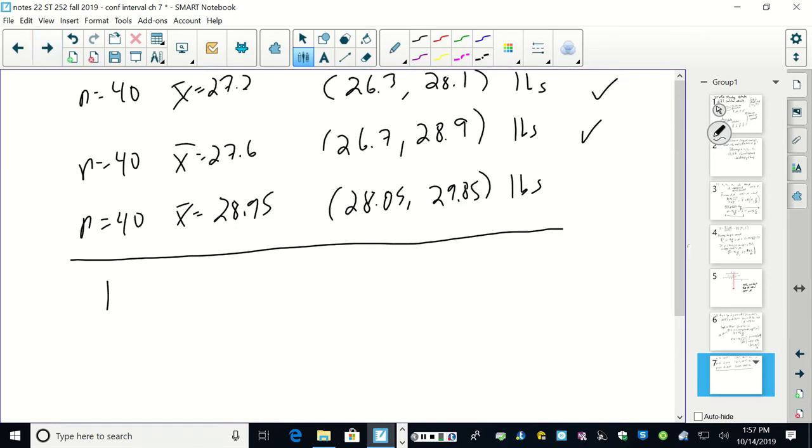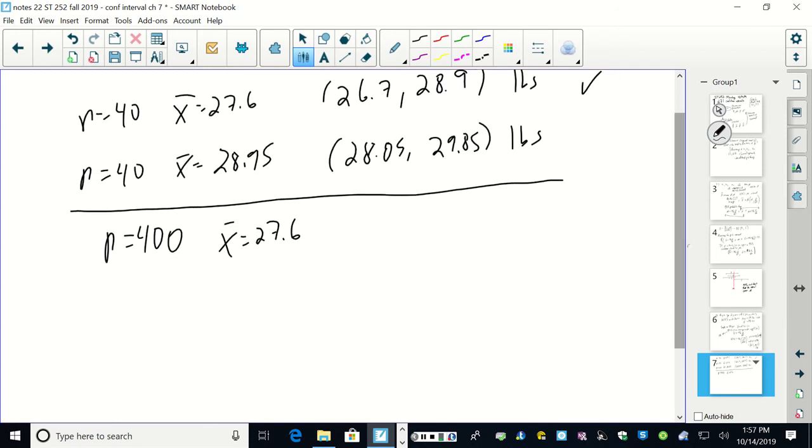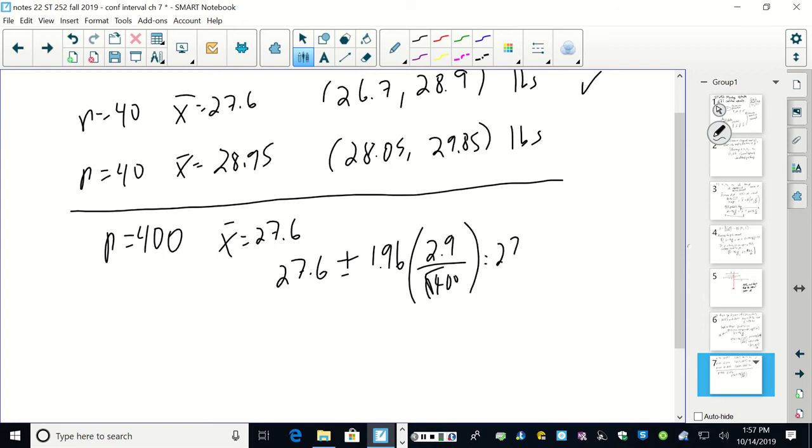So you can also see what would happen, right? Say you had n equals 400, and x bar equals 27.6. With 27.6 at 40, mu is clearly in there. What happens if we do this one? It's going to be smaller. 27.6 plus or minus our 1.96, and 2.9 is still the same. Now square root of 400. 27.6 plus or minus, now the margin of error is 0.2842.